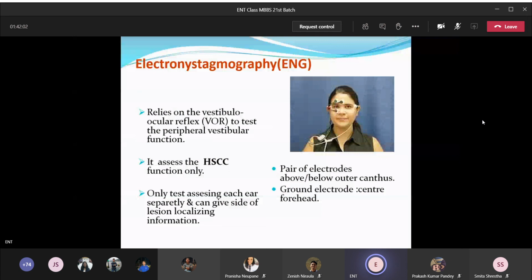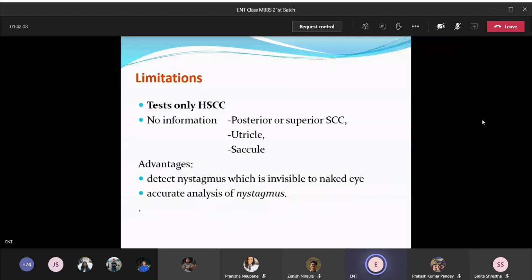With these electrodes you measure the electronystagmogram. Limitations of this: it tests only the horizontal semicircular canal. There is no information regarding posterior or superior semicircular canal, utricle or saccule. The advantage is that it detects nystagmus which is invisible to the naked eye, and it also gives accurate analysis of nystagmus.